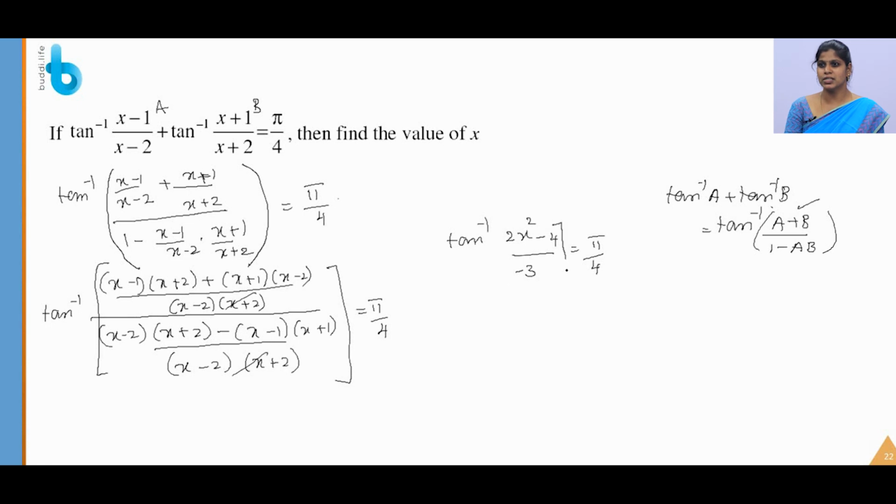This is just the simplified form of this term. You can also simplify and verify. So now we have minus in the denominator, take that to the numerator. So tan inverse of (4 minus 2x square) divided by 3 equal to pi by 4.